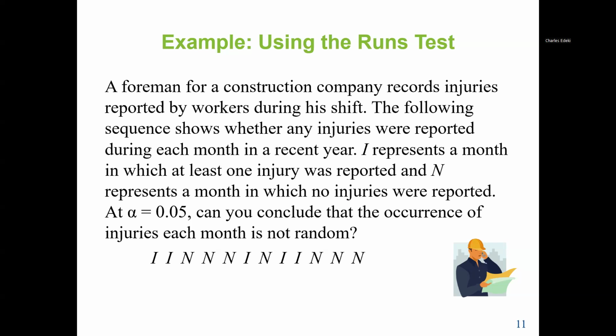At alpha equal to 0.05, can you conclude that the occurrence of the injuries each month is not random? And this is the sequence given to us: I, then N, then I, then N, then I, then N. So we are able to find the number of runs and also the length.